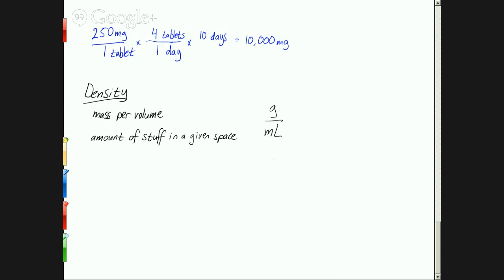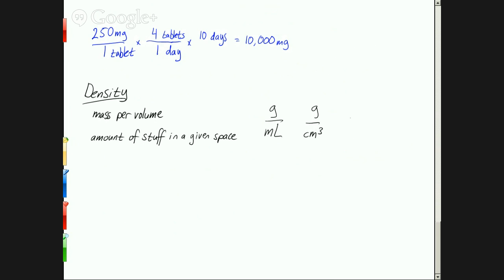Another way you'll sometimes see this written is a gram per cubic centimeter, because in fact, a milliliter is a cubic centimeter. If you imagine a cube that is 1 centimeter on every side, that volume is also 1 milliliter. So you'll see density as grams per milliliter or grams per cubic centimeter.